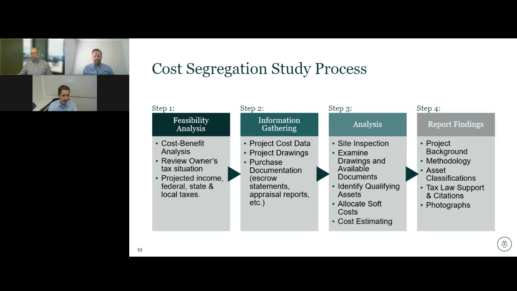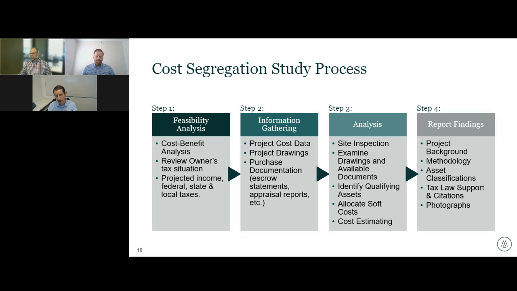The process should really start with an estimate of the anticipated accelerated depreciation tax deferral benefit, which should be reviewed with the owners and investors in the group, making sure that they can find utility in that. If it all pencils, minimum information should be gathered. That varies a little bit depending on if it's a brand new construction or an acquisition of a building. An on-site property tour should occur to get eyes on the property and photo document assets and building components.